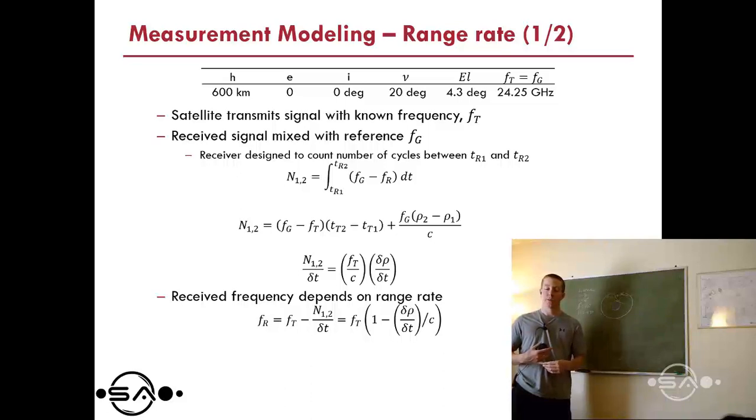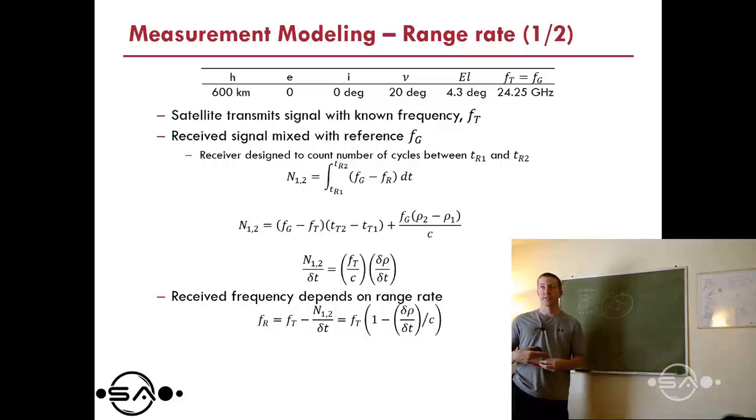But our received frequency is going to depend on that range rate, as you can see below. So we have our Doppler count divided by the difference in the time transmitted, and it's dependent upon that range rate.